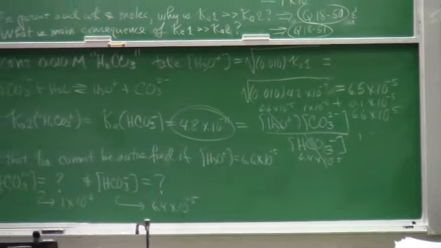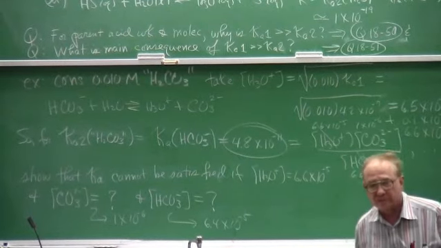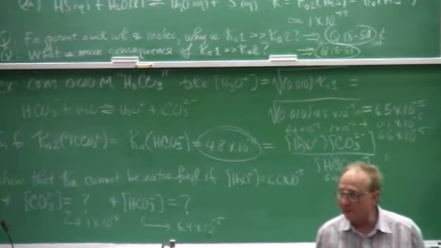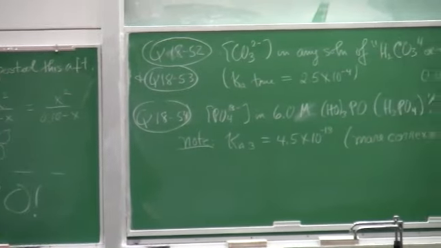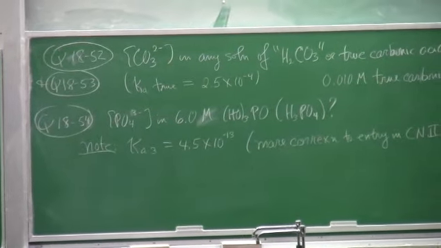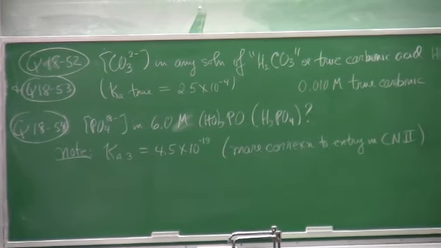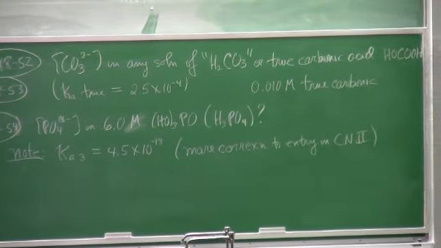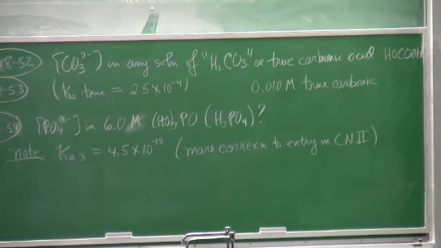Which of these solutions would have the higher hydronium ion concentration? True carbonic, a lot higher. It's got a much higher Ka value. Which of these solutions will have the higher bicarb ion concentration? True carbonic. Now watch out for this question.